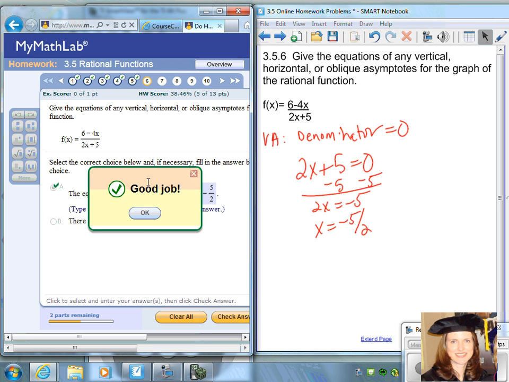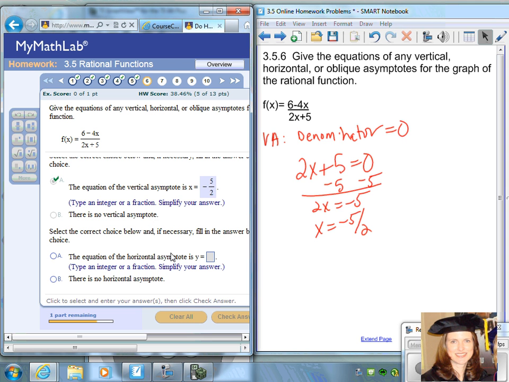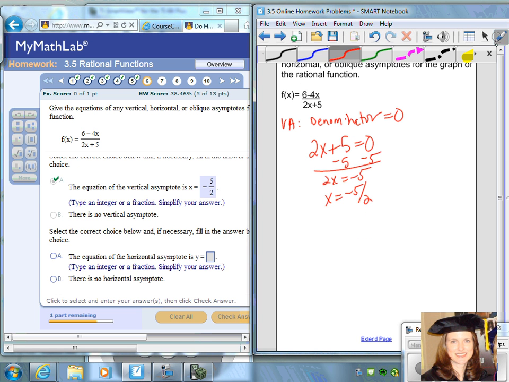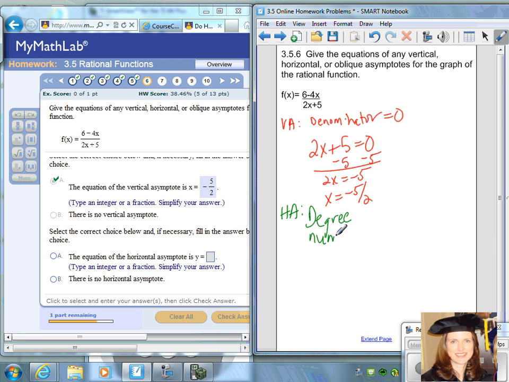You can check your answer for that. Now the way that we find the horizontal asymptote, which I'll abbreviate with HA, we have to look at the degree of the numerator and the degree of the denominator. We look at the degree of the numerator and compare that to the degree of the denominator.